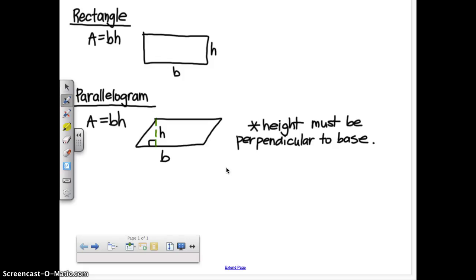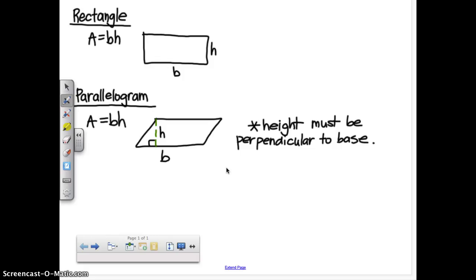If it's not perpendicular, it's not the height. Now in your packet, they're all laid out nicely for you, but you're going to have to be careful. You might screw some up in the future. Okay? So far, base times height, base times height. That's rectangle and parallelogram. Those are pretty similar. Okay, those are both found on 589.